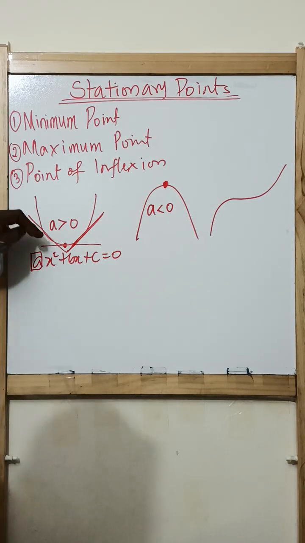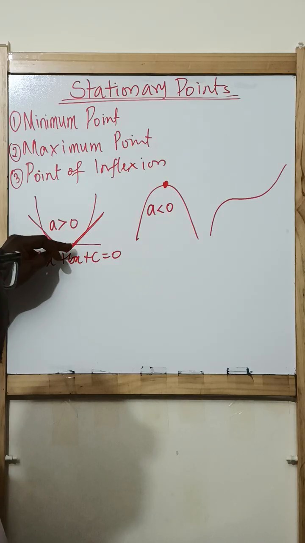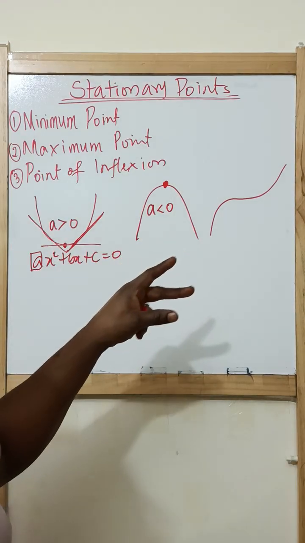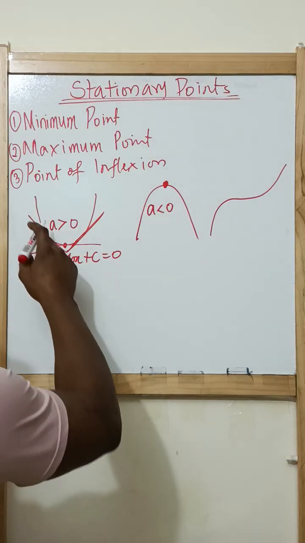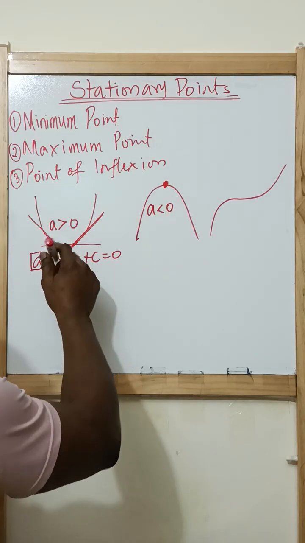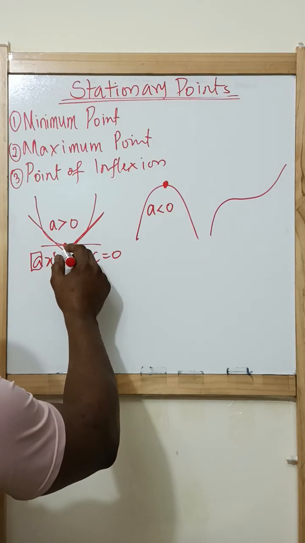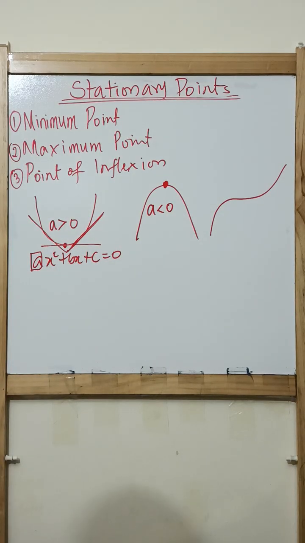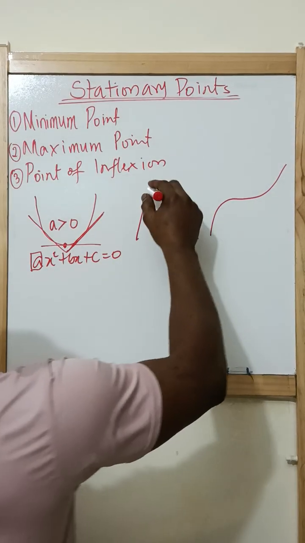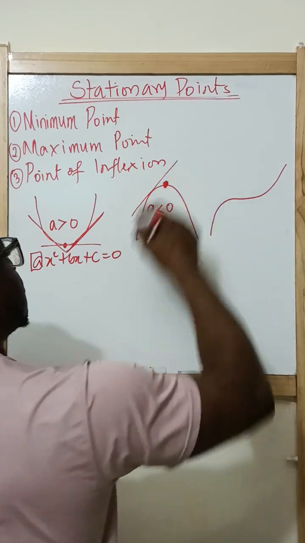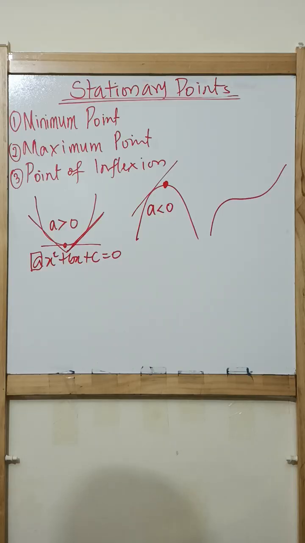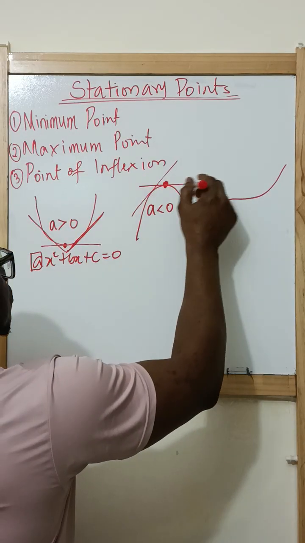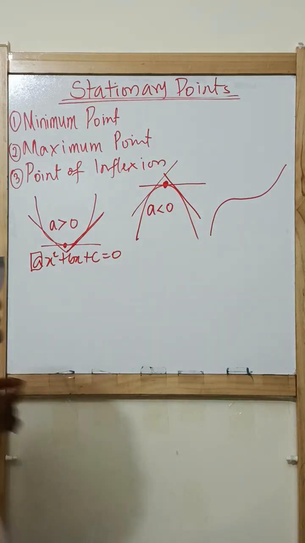Before the point and after the point, the slope is going from negative through 0 to positive, which means it is increasing. While if you look at this one, the slope is going from positive through 0 to negative, which means it is decreasing.